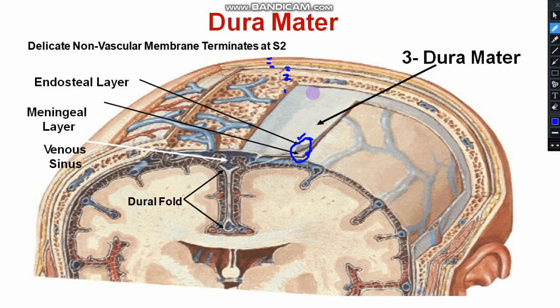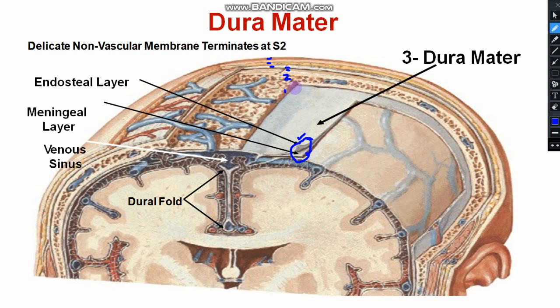It is tightly bound with the inner aspect of the cranial bone without any space, and this tight binding is much more marked at the sutures, any suture, at the base of the cranium, and at the foramen magnum.